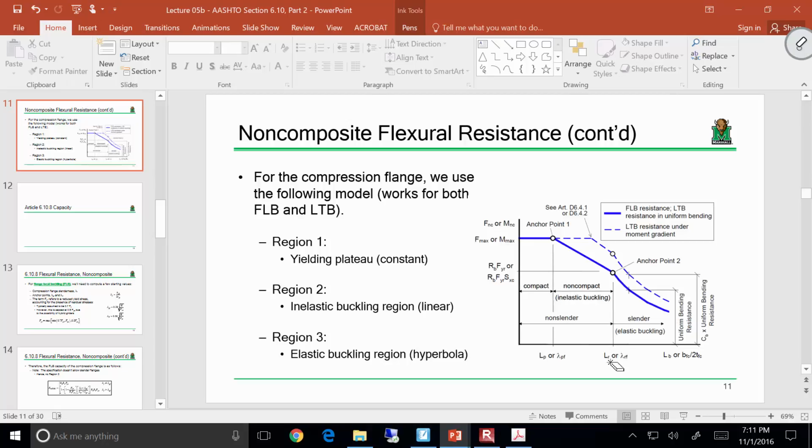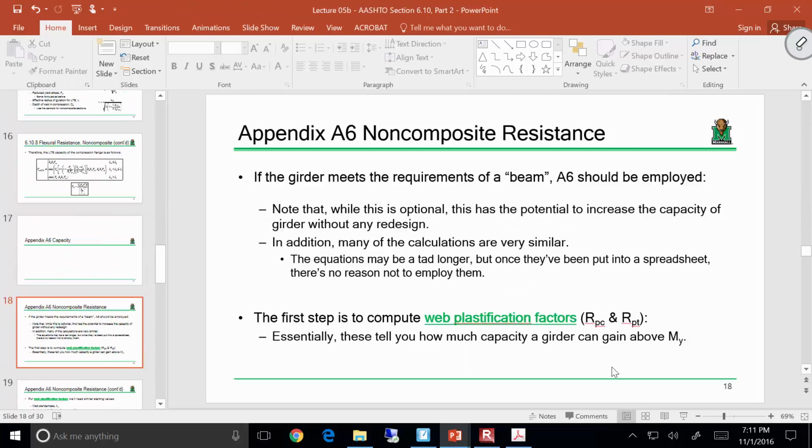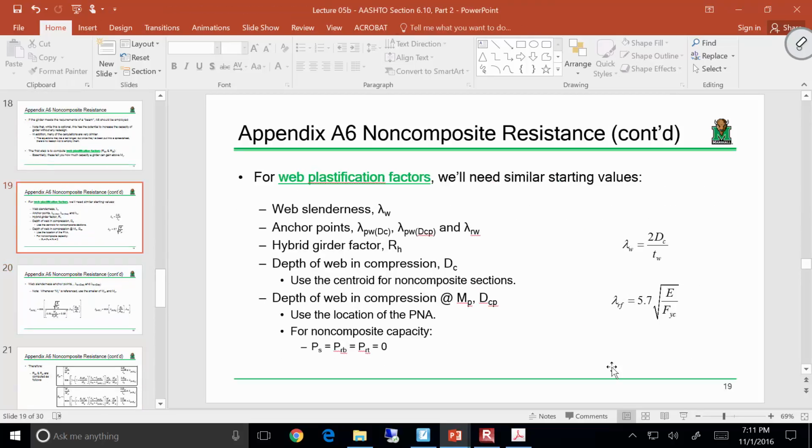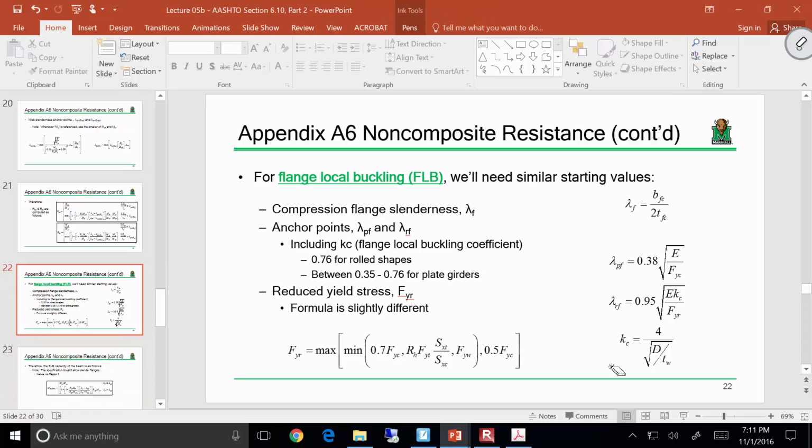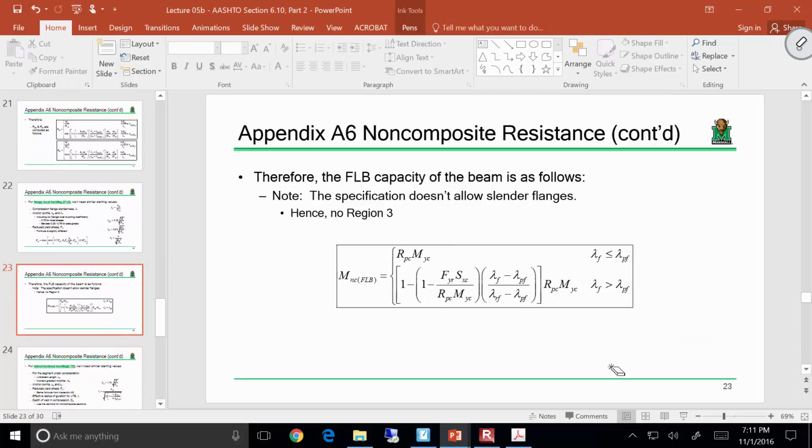Okay, give me a second. All right. If I scroll past in Appendix A, and I look at flange local buckling capacity, here's the expression, okay? If I'm in zone 1, it's that plateau. It's just RPC times the yield moment. If not, I'm in that zone 2, and I use this.